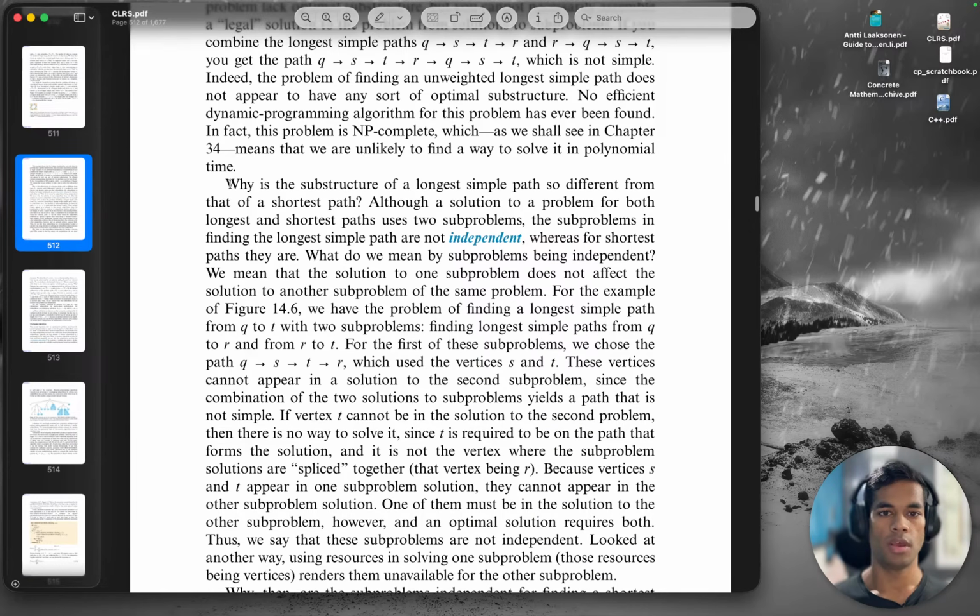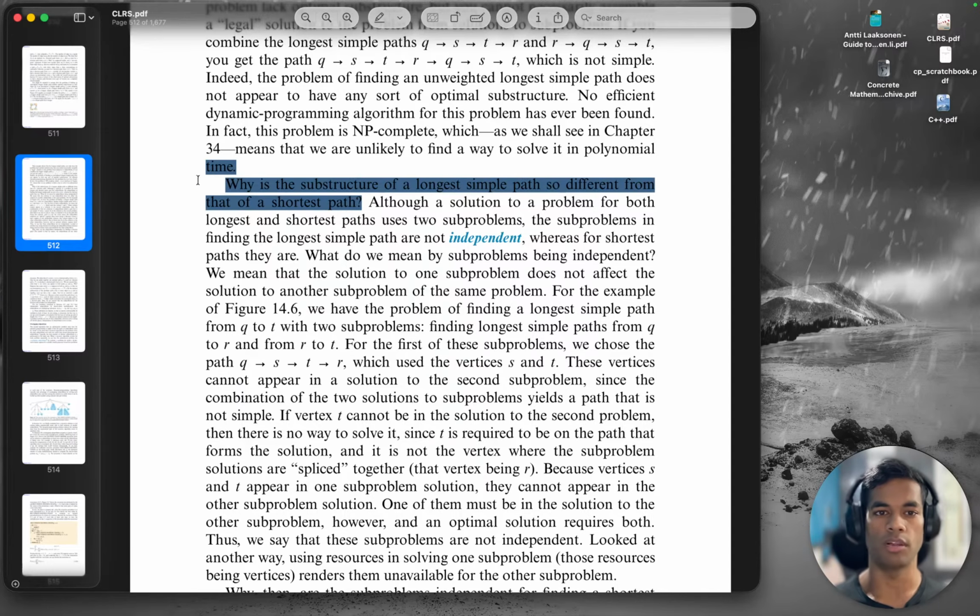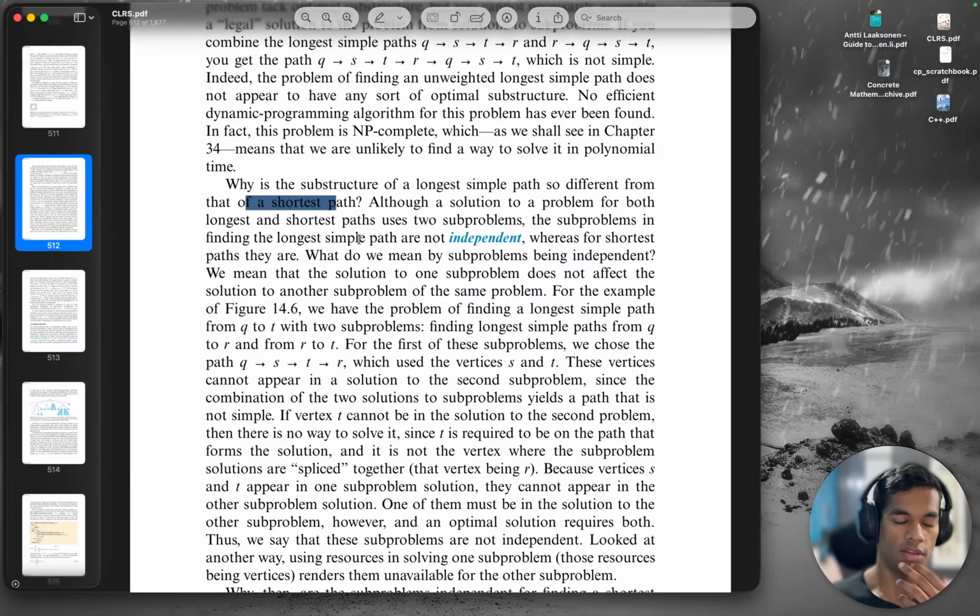Now here, what is the substructure of a longest simple path? Why is the substructure of a longest simple path so different from that for a shortest path? That is a good question.